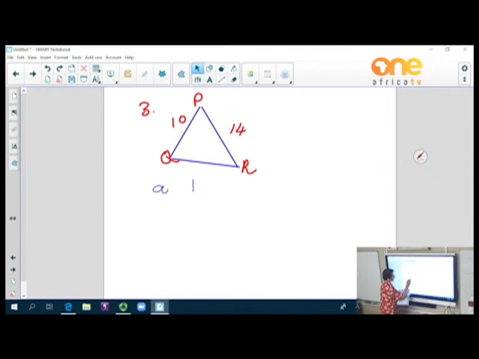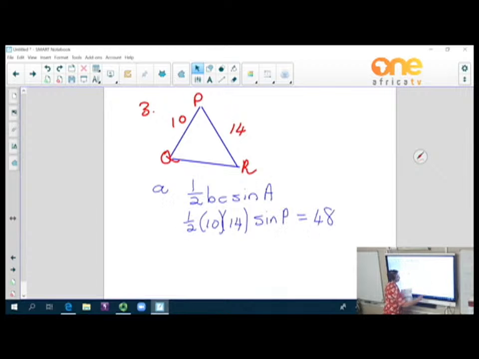No. So we'll use the formula half BC sine A. So a half of 10 times 14 sine P, because that's what you want to calculate, is equal to 48. I equate to that one. And then with algebra, second function, we get that this one is 43.3 degrees, that P. Show that. You'll have to put those extra steps in because it's a show that question.